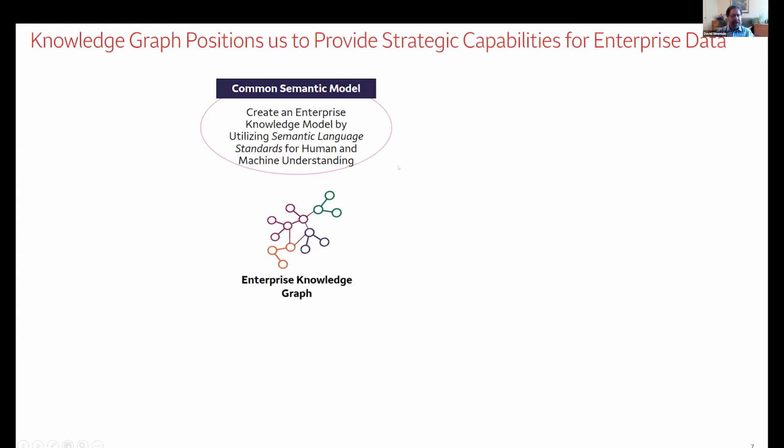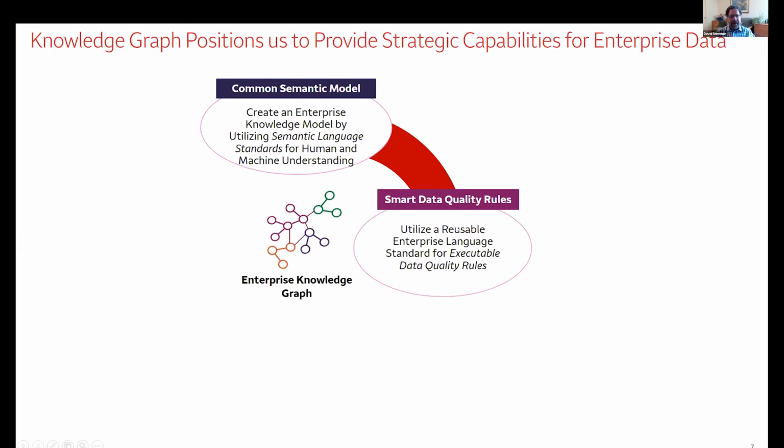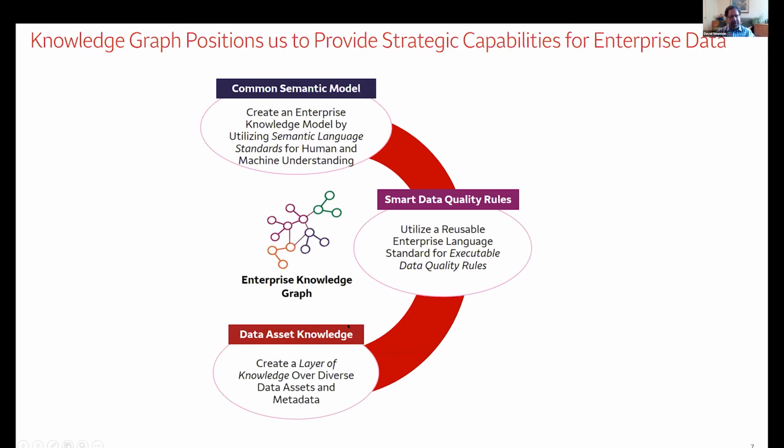We have a common semantic model using the ontologies and the semantic web language stack, RDF and OWL, to create an enterprise standard. We can also leverage another standard called SHACL, which stands for Shapes Constraint Language, which provides data quality rules that leverage the same common semantic model, so we have alignment of data validation with the model. We can also build a layer of knowledge over our physical data assets using the knowledge graph, so we have intelligence over our legacy data assets.